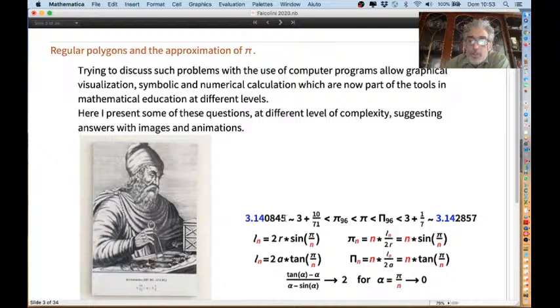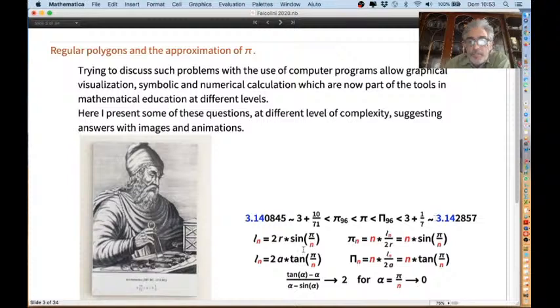So the approximation with the inscribed polygons is much closer than the approximation of the circumscribed polygon. But this is a general fact.